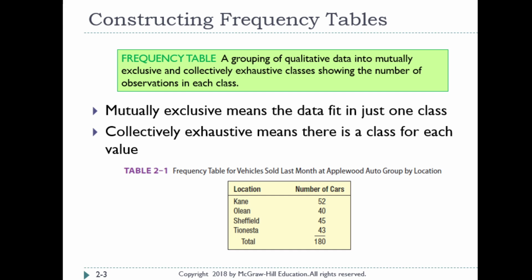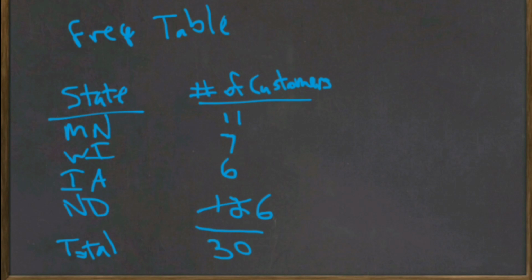And then lastly, the last little thing that I'll mention is that frequency tables go hand in hand with what are called relative frequency tables. So I'm just going to add in a little relative frequency. The relative frequency is just turning it into a percentage, or a relative calculation.